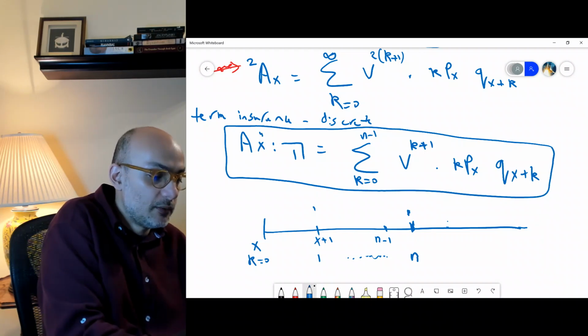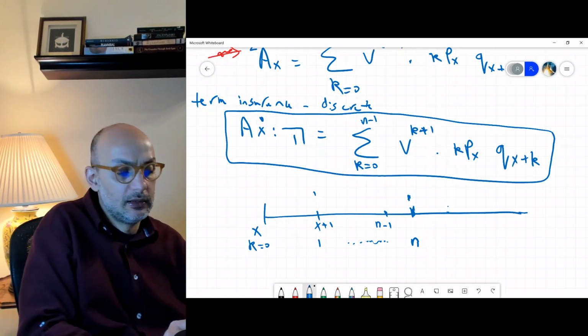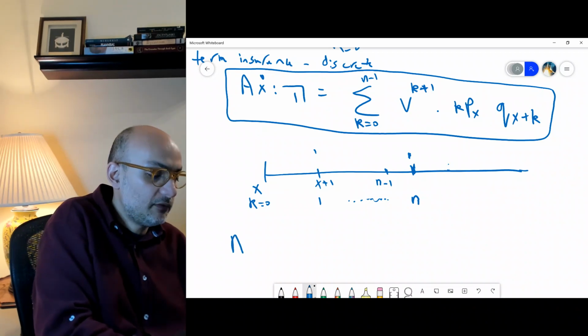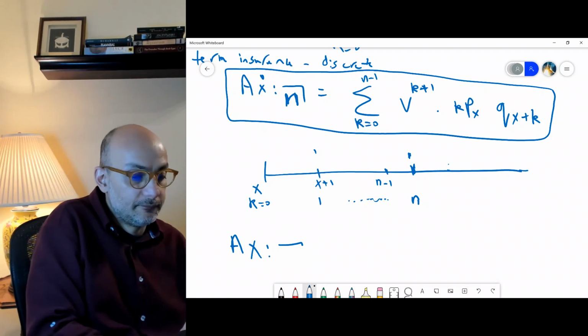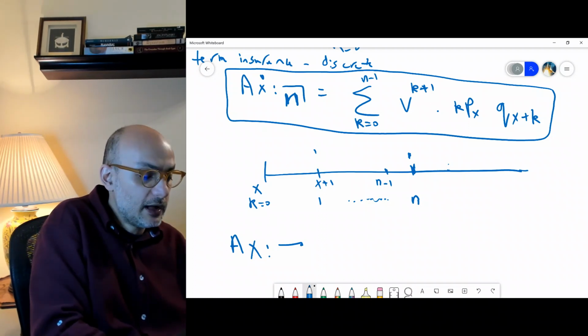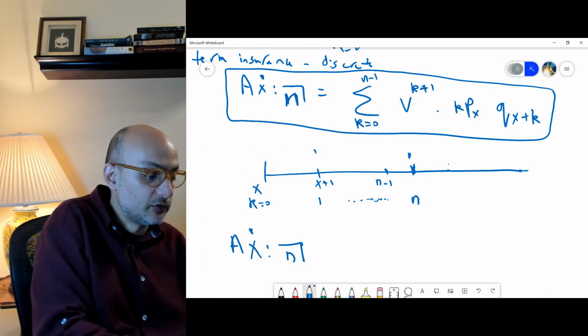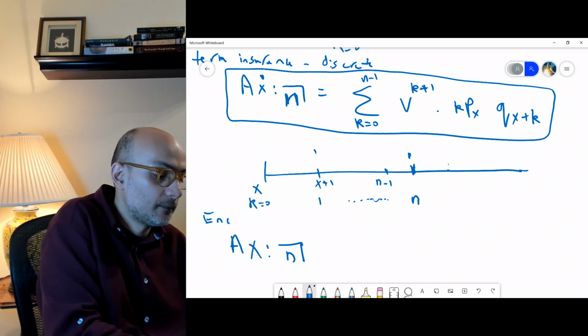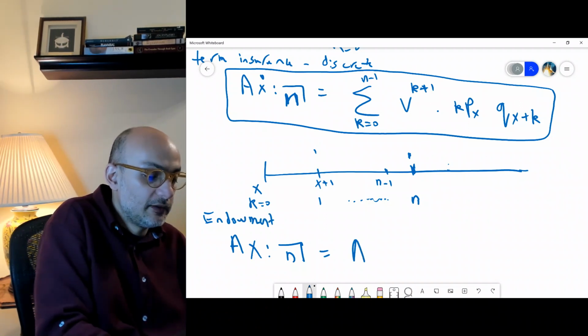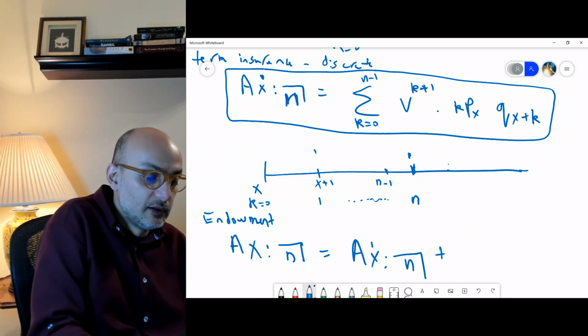And the one on top of x says it is term insurance. Same logic here, we can have A x without the 1. Oh, sorry, here n I meant. Yes, n. If there is no 1 on x, this is what we call the endowment insurance, and this one can be the term insurance plus the pure endowment.